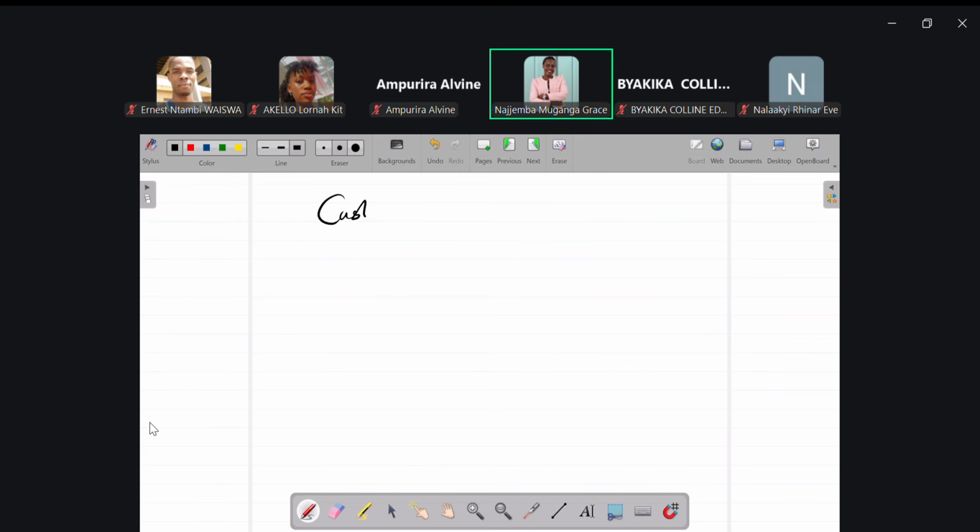Previously, we looked at cash books, and we said the cash book could be a single column cash book, a two column cash book, a three column cash book, and the petty cash book. So here we said we have the accountant.